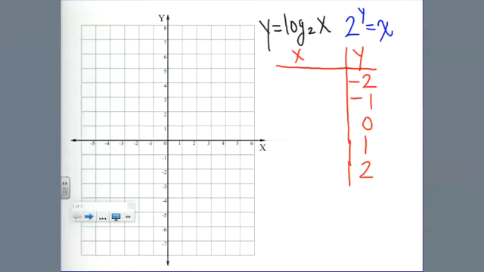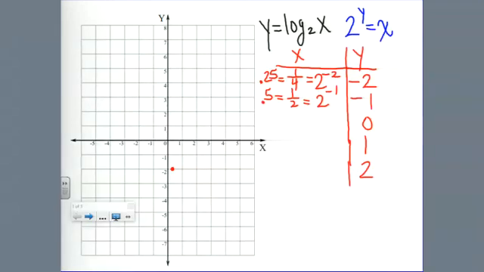So if we let y equal -2, that gives us 2 to the -2 power, and we saw earlier that was 1/4 or 0.25. So 0.25 and -2 is roughly right here. If we plug in -1 for y, 2 to the -1 power is 1/2, that's 0.5.